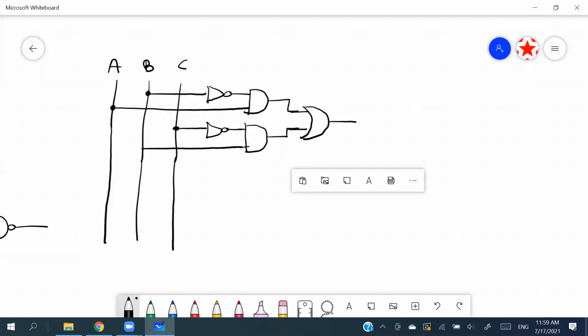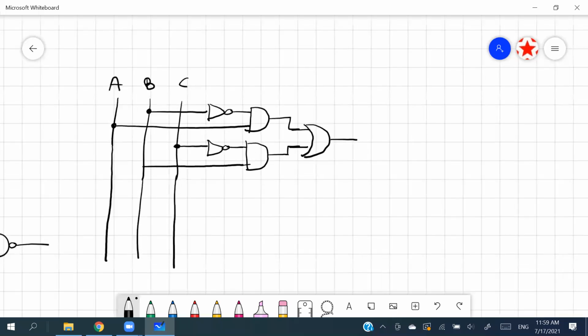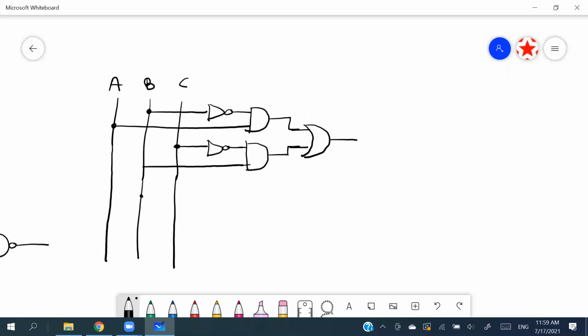Right, so here we go. So a NOT gate is created.